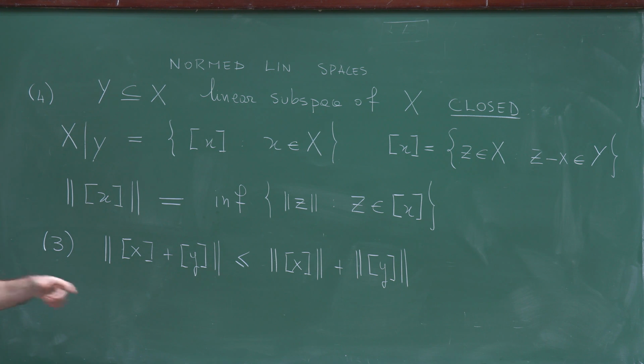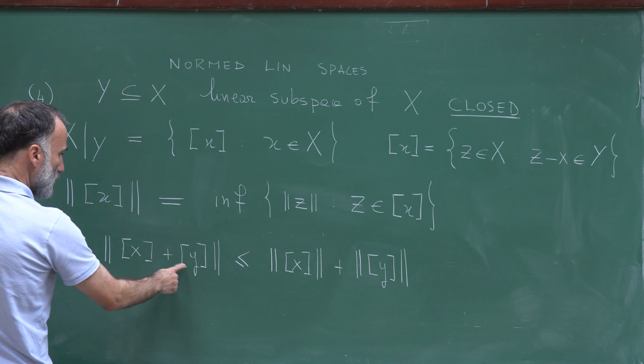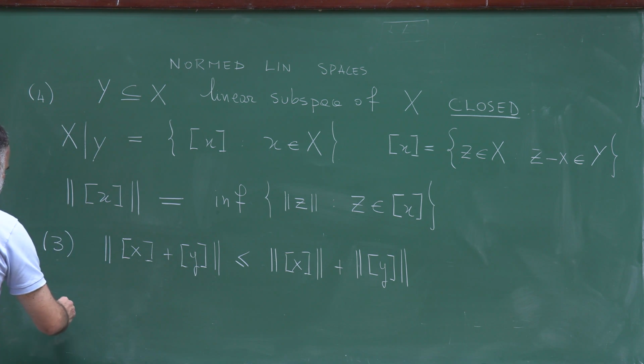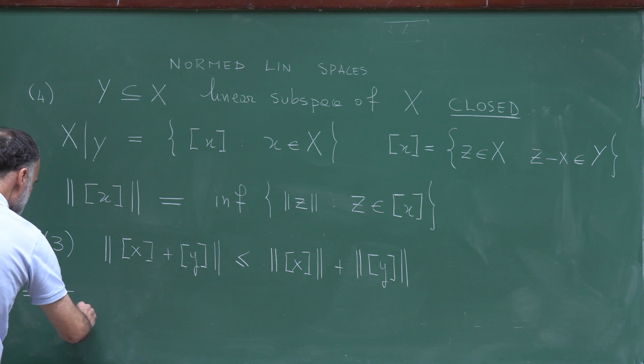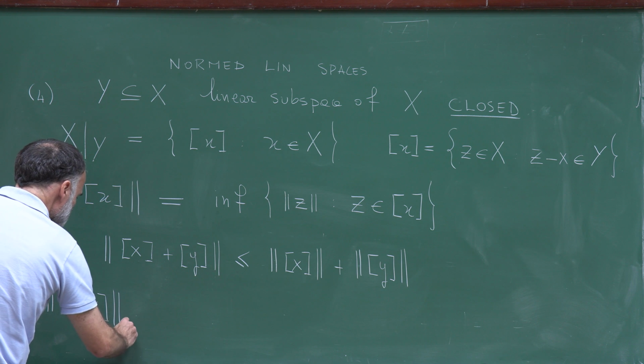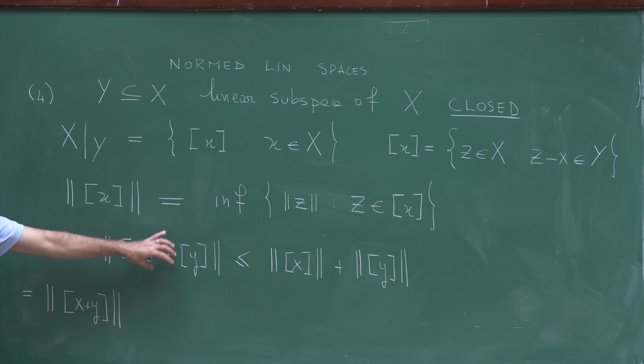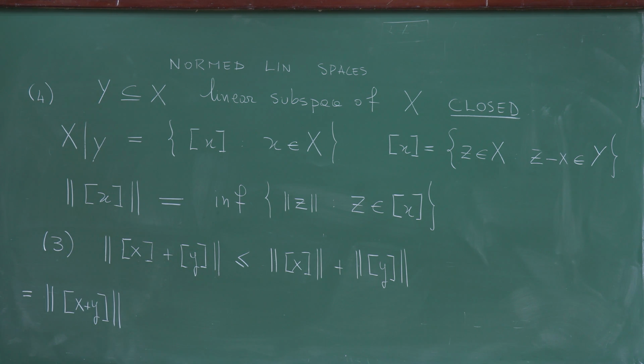So let's use the definition first. Let's consider the left-hand side. We know that the sum of these two equivalence classes is given by the equivalence class of the sum. So this is how we define the sum in the quotient space.